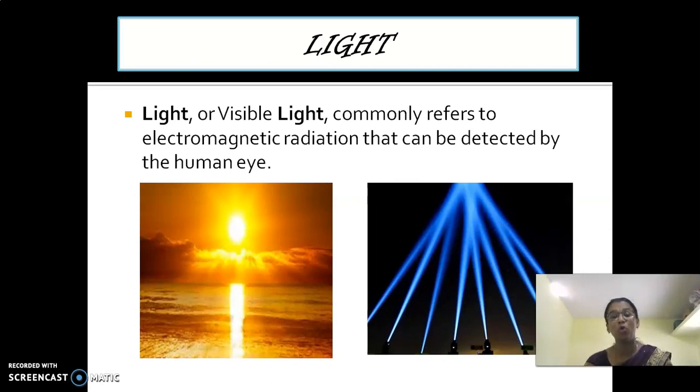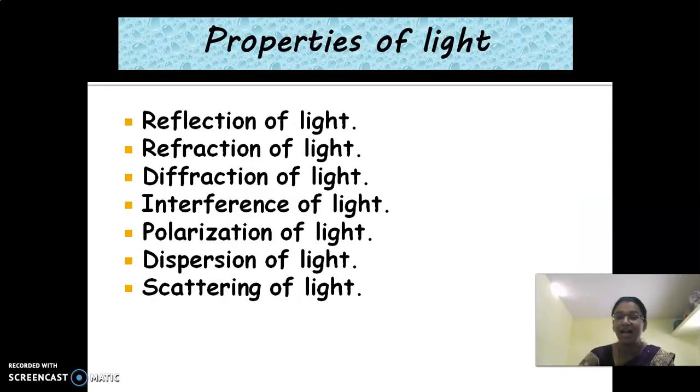We have both natural sources of light and artificial sources of light. And one more category is luminous and non-luminous objects. The objects which emit their own light are called luminous, and which do not emit their own light are called non-luminous objects.